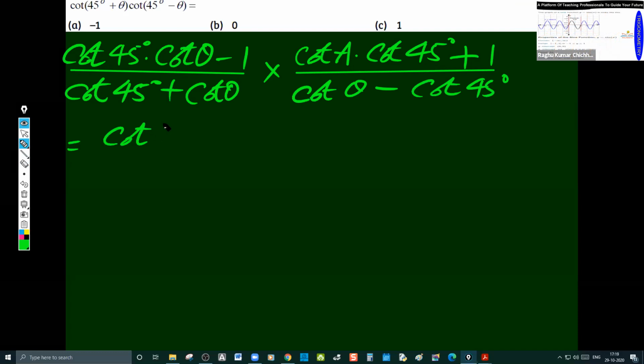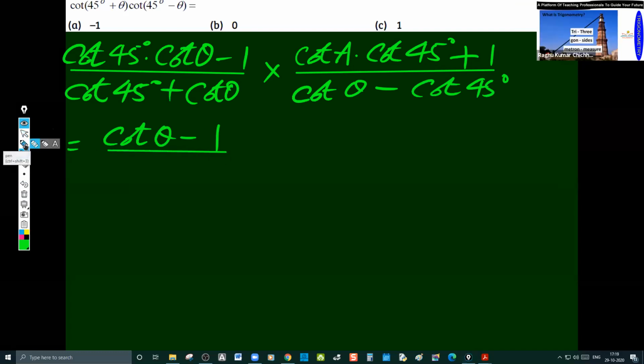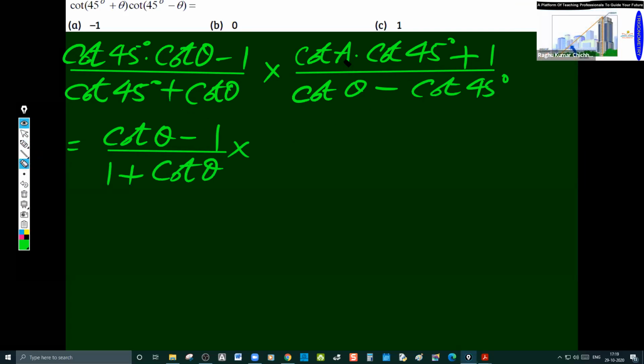So it is cot theta minus 1 divided by 1 plus cot theta, into cot theta plus 1 divided by cot theta minus 1.